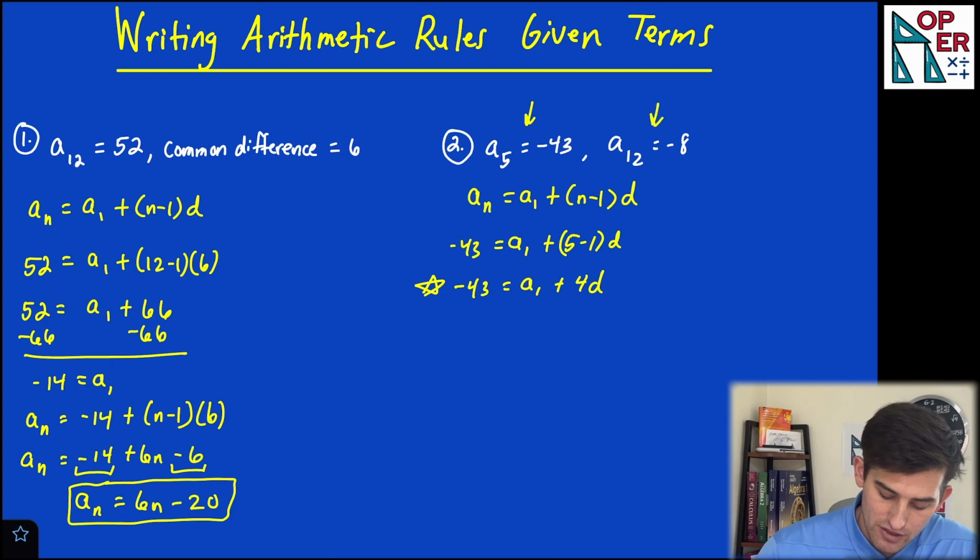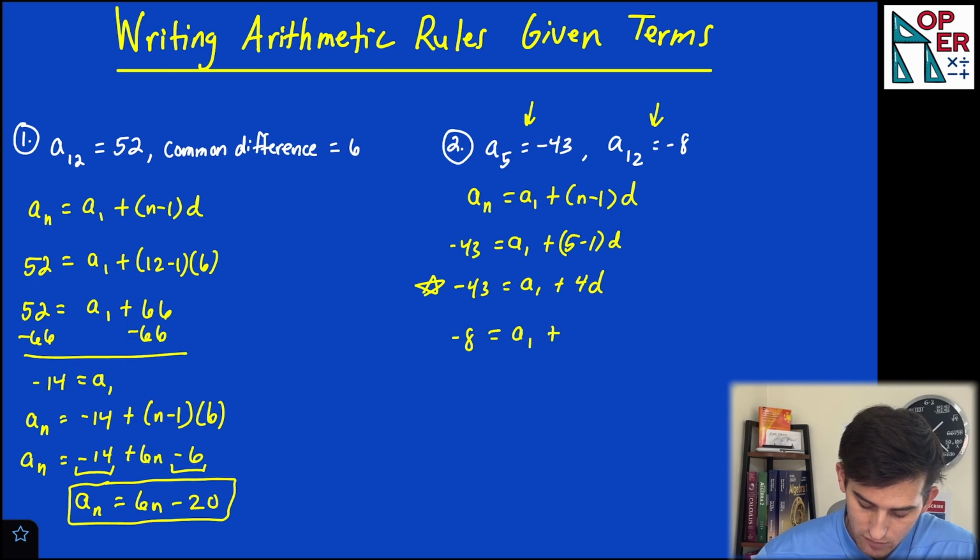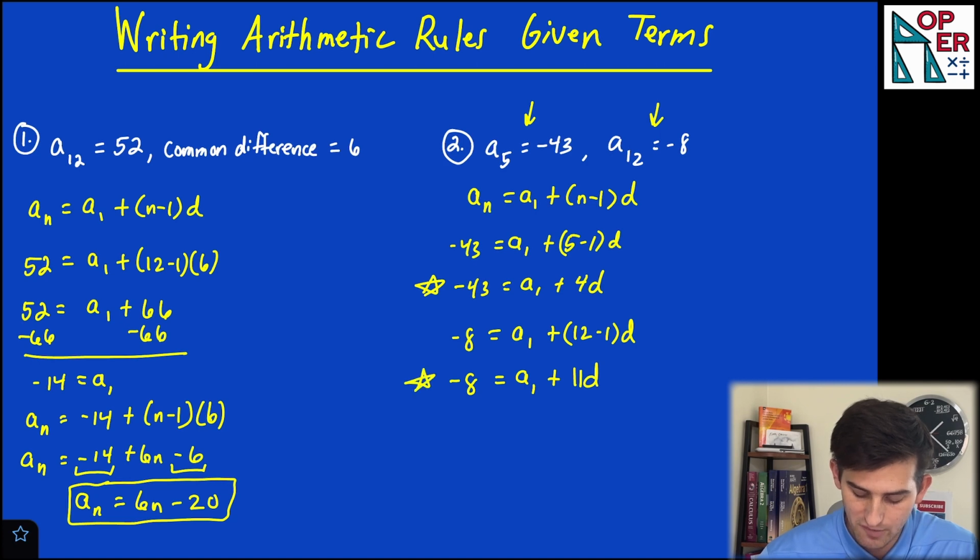Now let's write an equation for our other term. Plug in negative 8 equals a sub 1 plus, and this is the 12th term, so 12 minus 1 times the common difference. So negative 8 equals a sub 1 plus 11d. Let's put a star by this equation too.